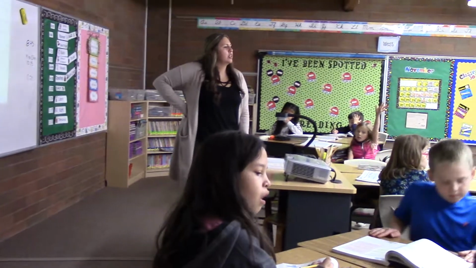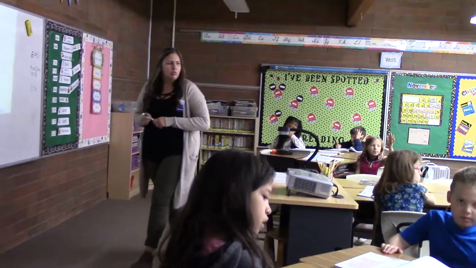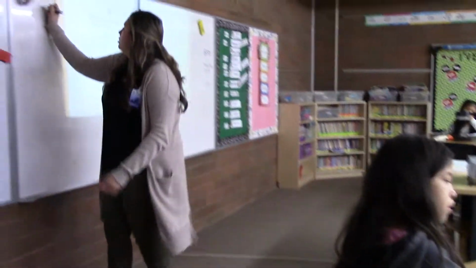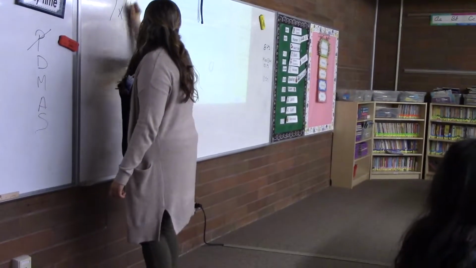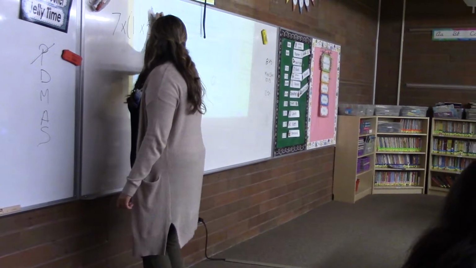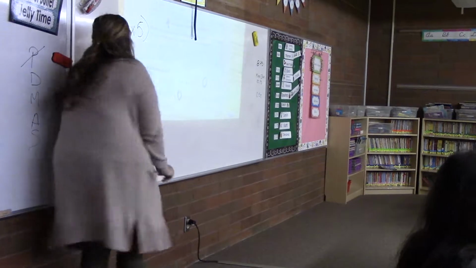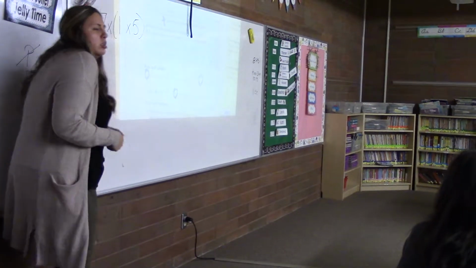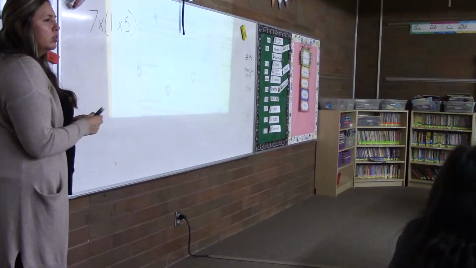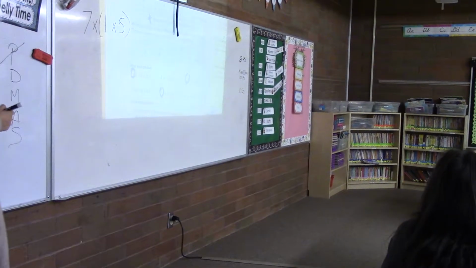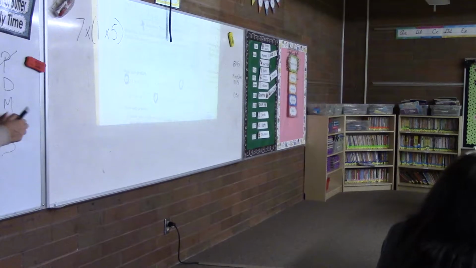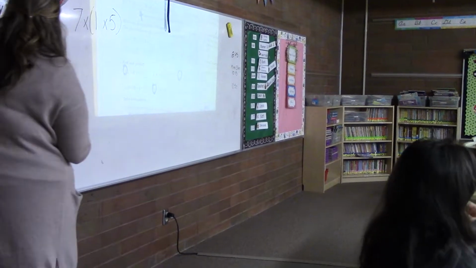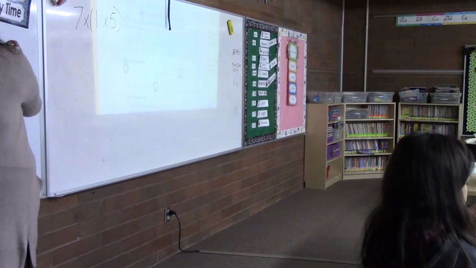So what did we need to do first? Mari, when we're looking at the problem, what do we need to do first? Okay, so let's see. It's okay. Just give her a second. We're going to solve it.